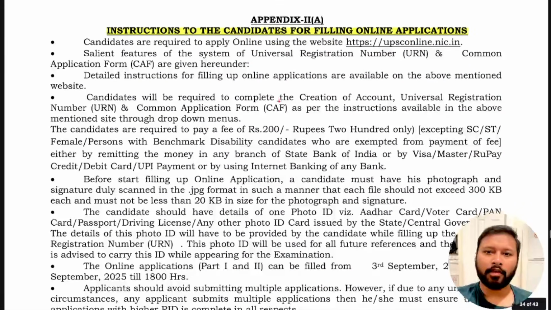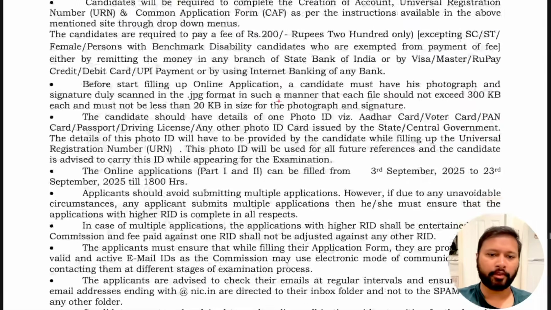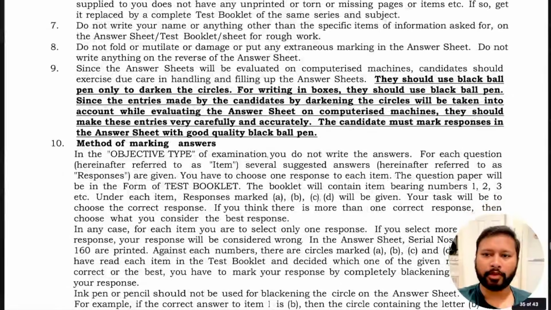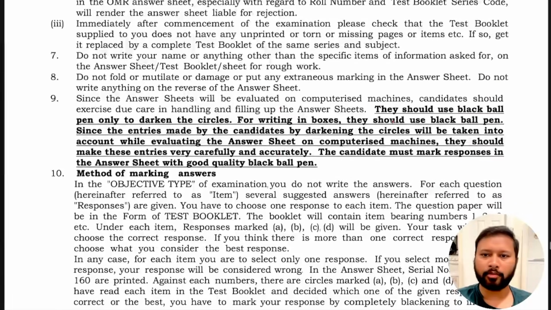Okay. All right, these are the instructions for form filling, but I think we can make a separate video or talk about it separately. Okay, so these were all important information which needed to be shared with you. Now there are a few more points, like you have to use a black ballpoint pen while going for the exam, because this is an offline exam and you will be given an OMR sheet.